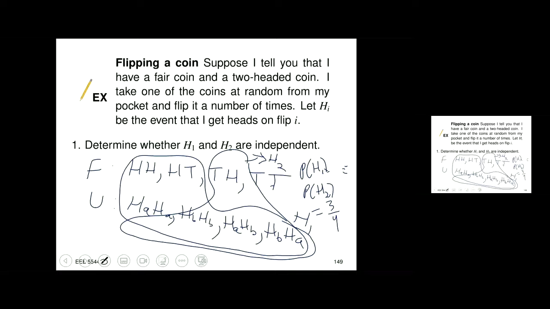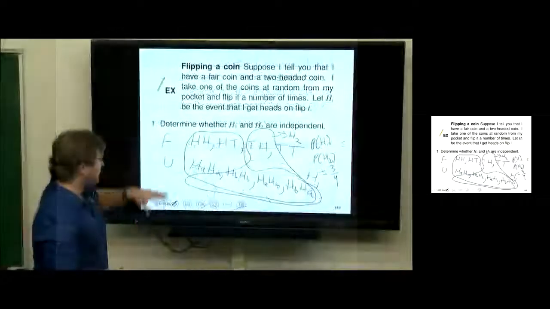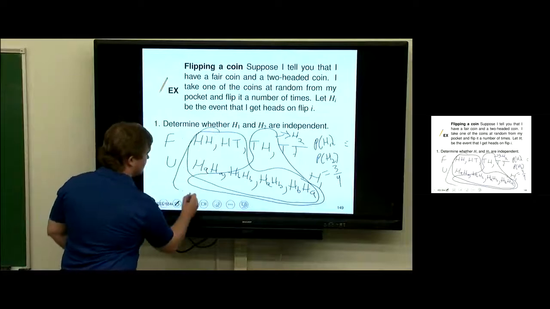But this is going into asking the question, are H1 and H2 independent? Now, where's the event H1 intersect H2? That's right here. Sorry, this is a terrible color.